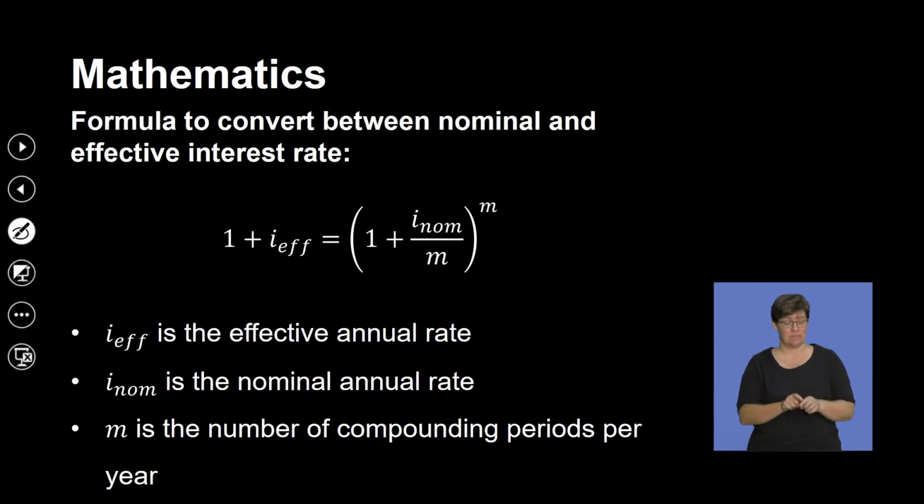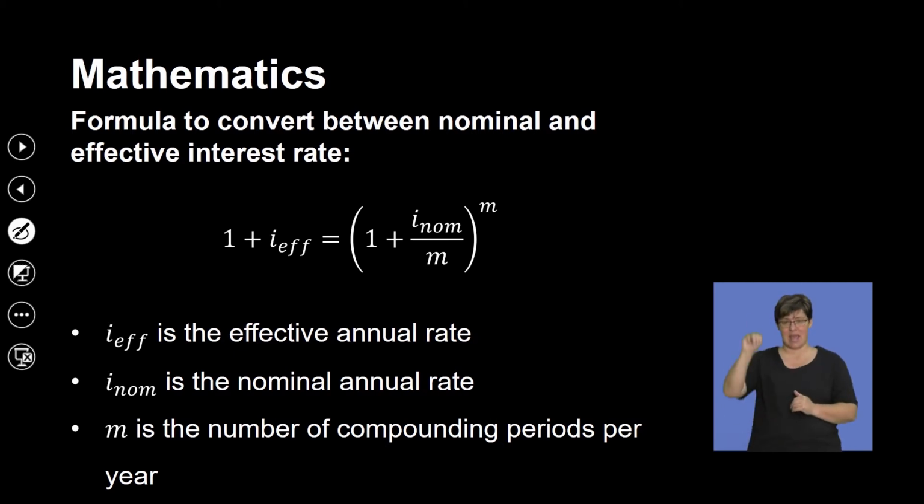Also, there was a conversion between nominal and effective interest rate. So the formula to do that was 1 + i_eff = (1 + i_nom/m)^m.